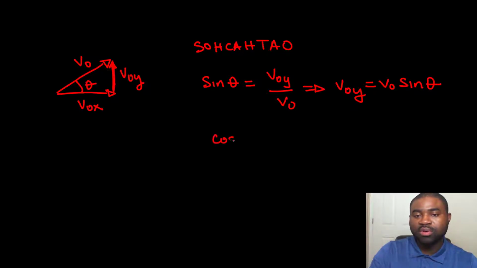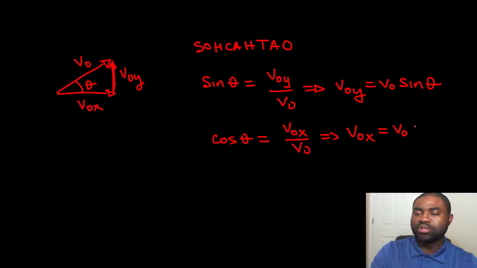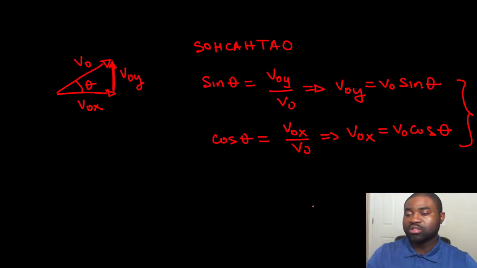Similarly, cosine theta is equal to v0x divided by v0, which means that v0x is equal to v0 cosine theta. So this explains the origin of v0 sine theta and v0 cosine theta.